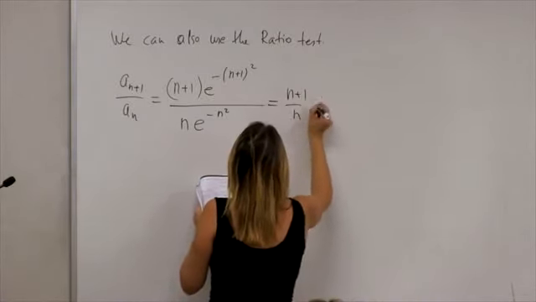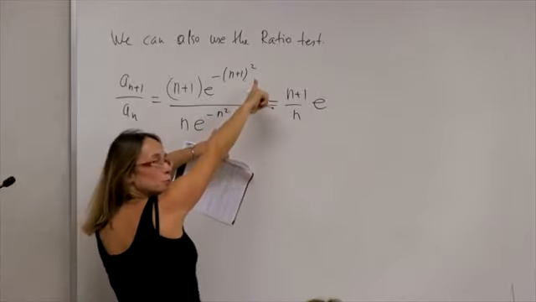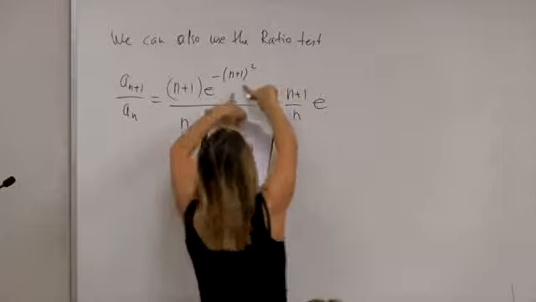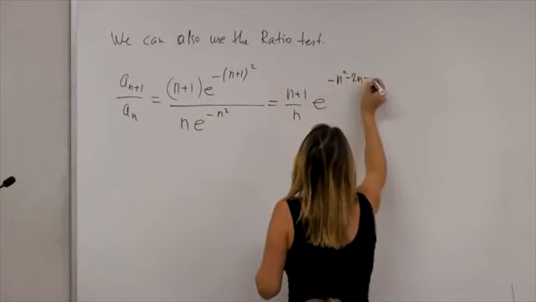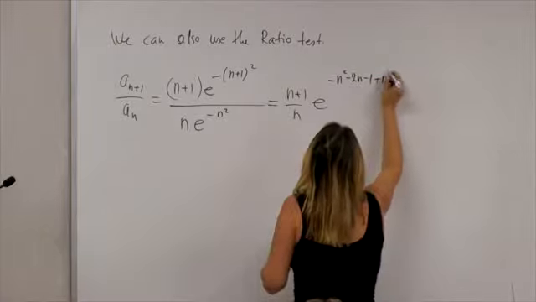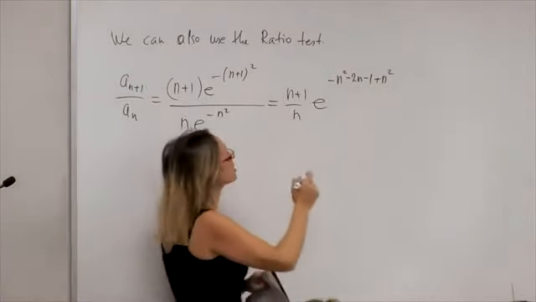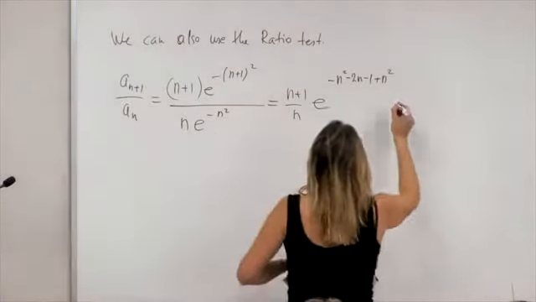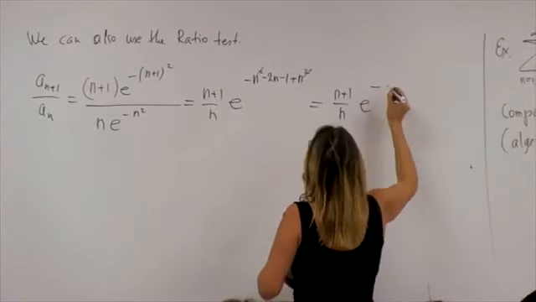We have n plus 1 over n, and I'm going to bring the denominator's exponent over with a plus sign and expand this expression: minus n squared minus 2n minus 1 plus n squared. So I'm manipulating the exponents, and these two guys cancel. So I have n plus 1 over n times e to the minus 2n minus 1.